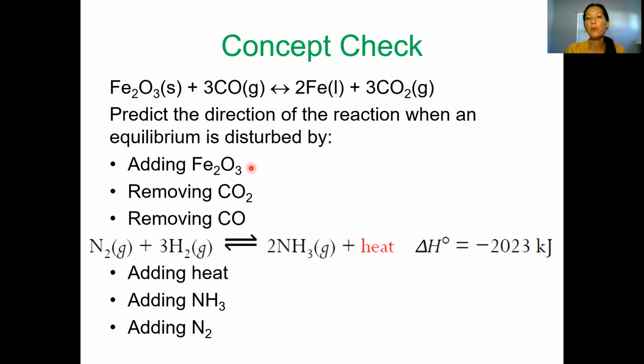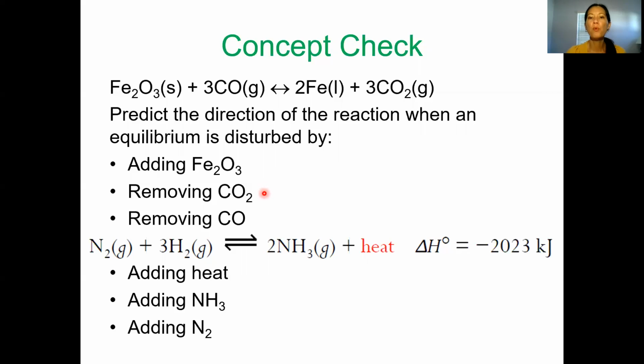So it may help you to think about the equilibrium expression. Since iron oxide is a solid and this iron is a liquid, they fall out of the equation. So the only major players affecting equilibrium are carbon dioxide and carbon monoxide. So CO2 on the top, CO on the bottom. So adding iron 3 oxide is not going to play a role. So there's going to be no effect in this case.